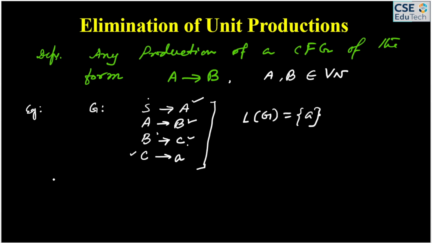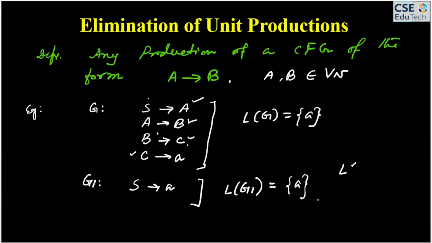Now, if G1 is a grammar whose production is S to a, then obviously the language generated by this grammar G1 is also a. So the language generated by this grammar G is equivalent to the language generated by the grammar G1.